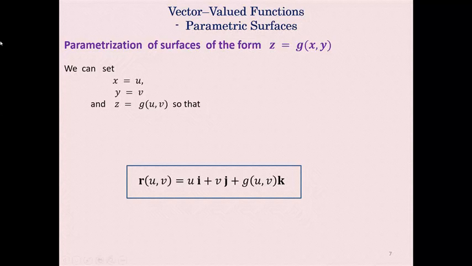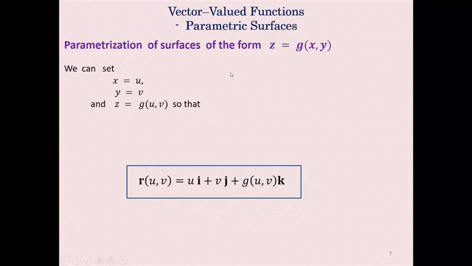Obviously, we want to know when a surface is defined explicitly in the Cartesian form, whether we can represent it using parametric equations. It turns out that can be done very easily by applying the following trick. All we have to do is to let x be equal to u, the first parameter, and let y be equal to v.